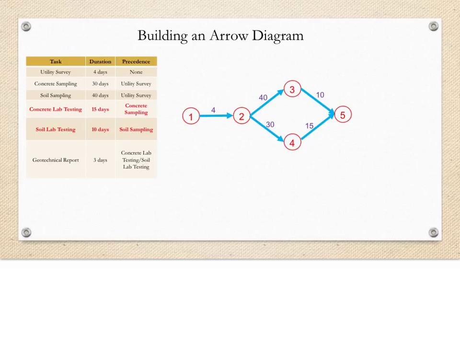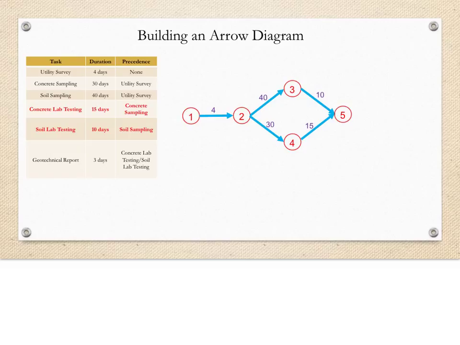Now, since the soil lab testing is only dependent on the soil sampling, and the concrete testing is only dependent on the concrete sampling, we can draw them dependent from those tasks alone, and happening at the same time.